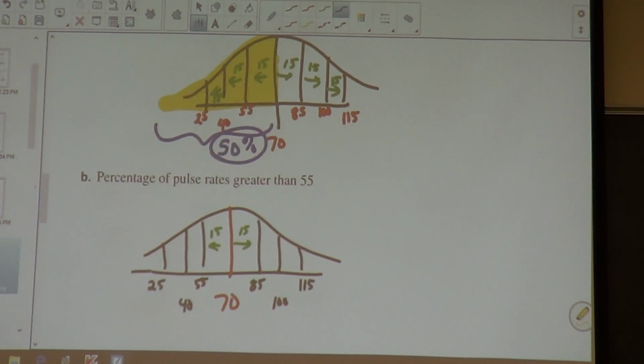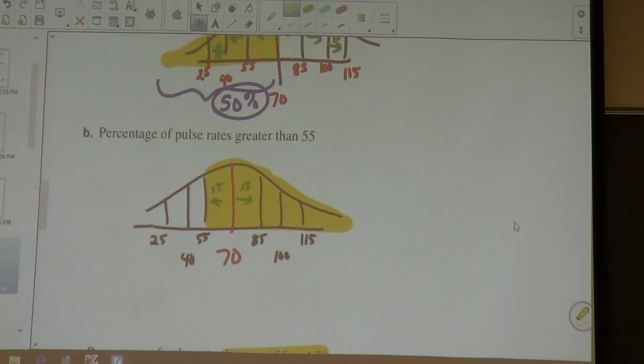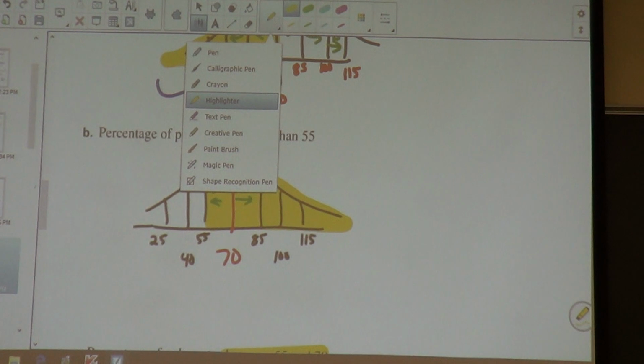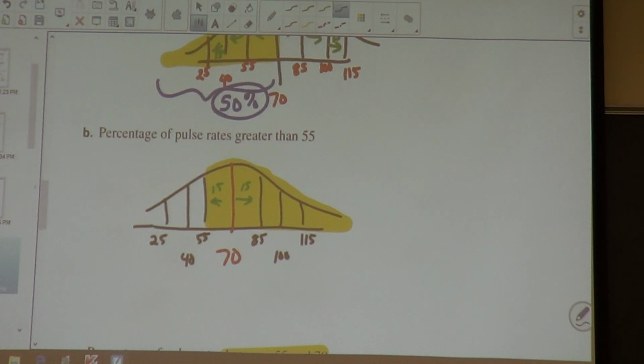Percent greater than 55. These are like a puzzle. Now, when I'm doing this one, here's what I see. What is this piece? That piece is a 50.